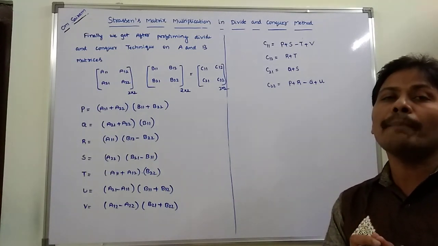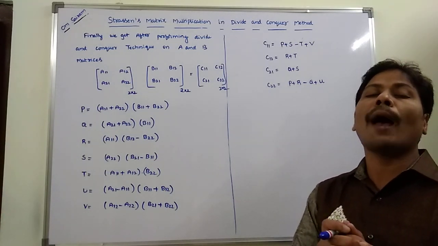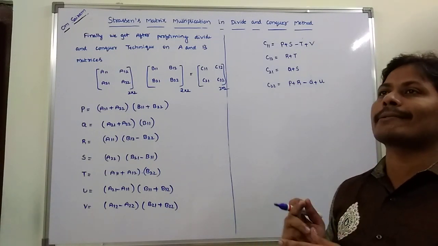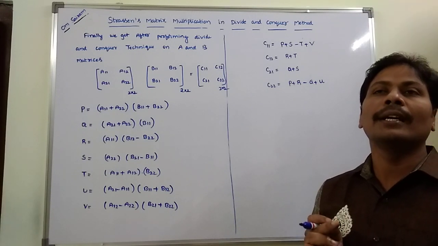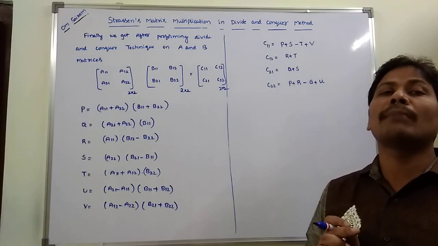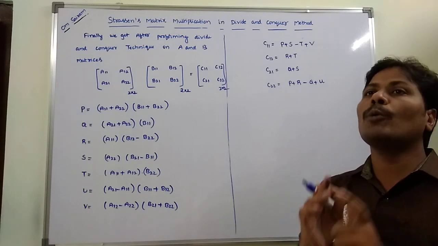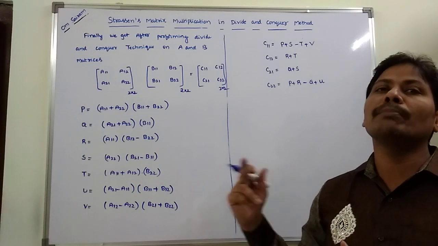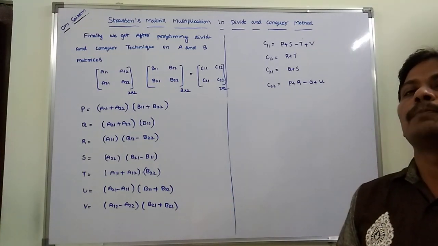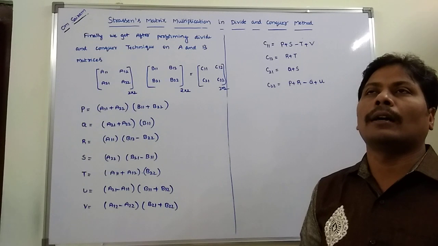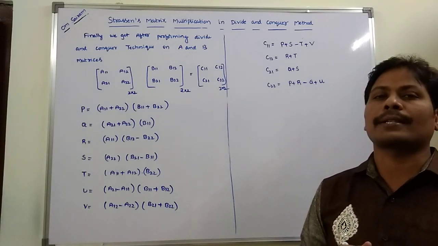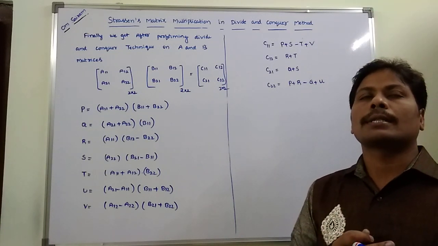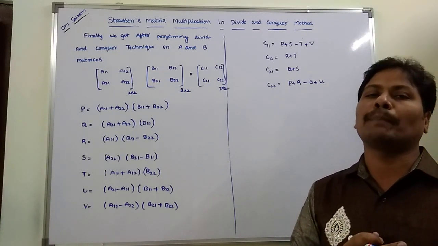In the conventional method we require 8 multiplications, while in Strassen's matrix multiplication there are 7 multiplications. We have reduced 1 multiplication, which is replaced by a number of additions or subtractions. So this is the description of Strassen's matrix multiplication.